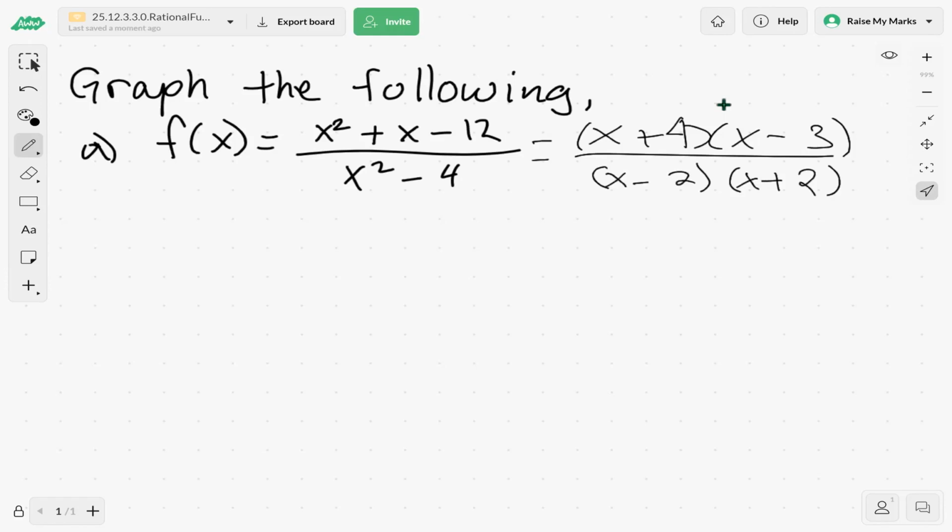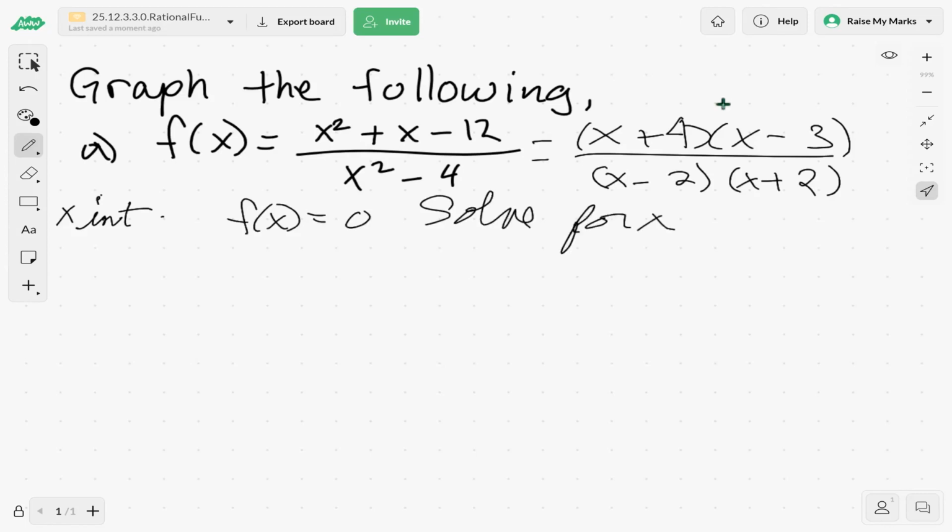Okay, so now let's consider the x-intercepts. How do we find the x-intercepts? We set f of x equals 0 and solve for x, and we get x equals -4 and 3.